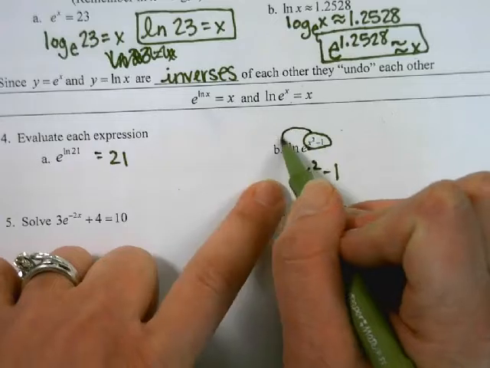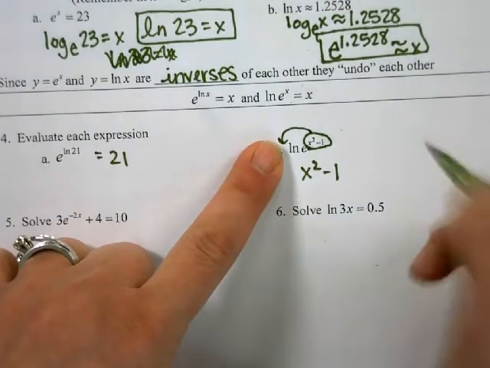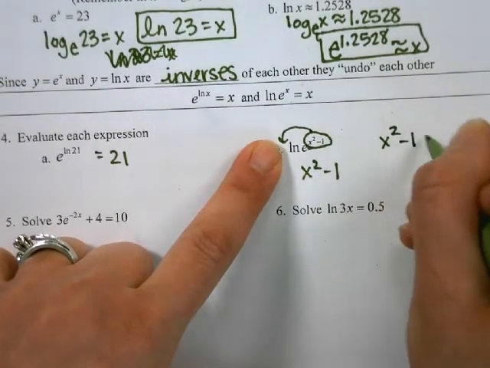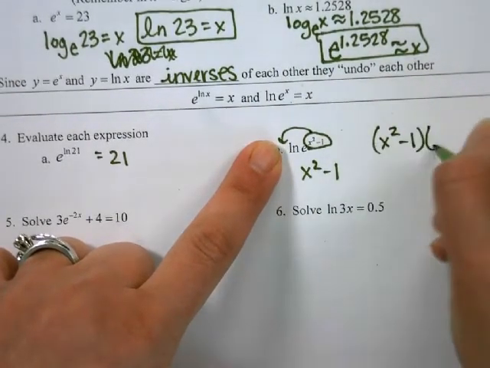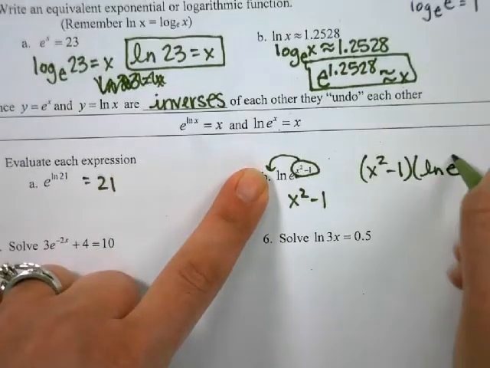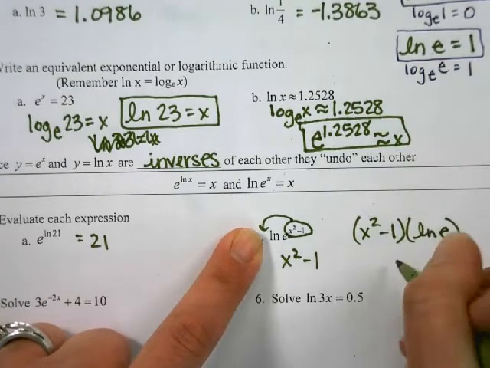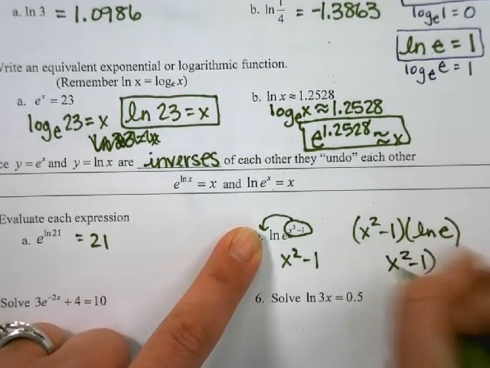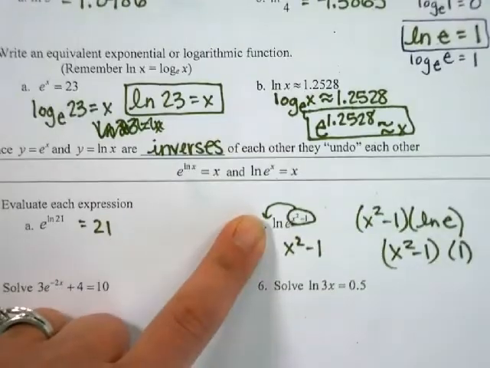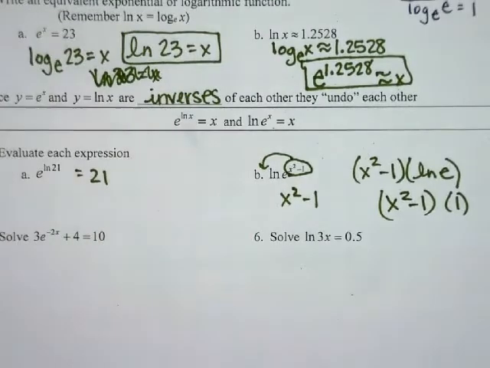When we had an exponent, it comes down out front, yeah? So this guy would be x squared minus 1 times the natural log of e. Go back up here to this purple box. What's the natural log of e? 1. So this guy would really be x squared minus 1 times 1. Good question.